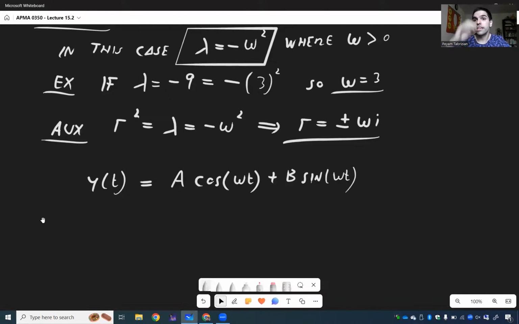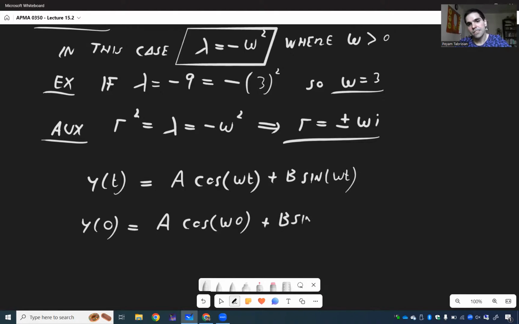Okay, and just like before, let's plug in the boundary conditions. So y(0) is a cosine of omega 0 plus b sine of omega 0. But that just simplifies. Cosine of 0 is 1, sine of 0 is 0. So this gives you a.